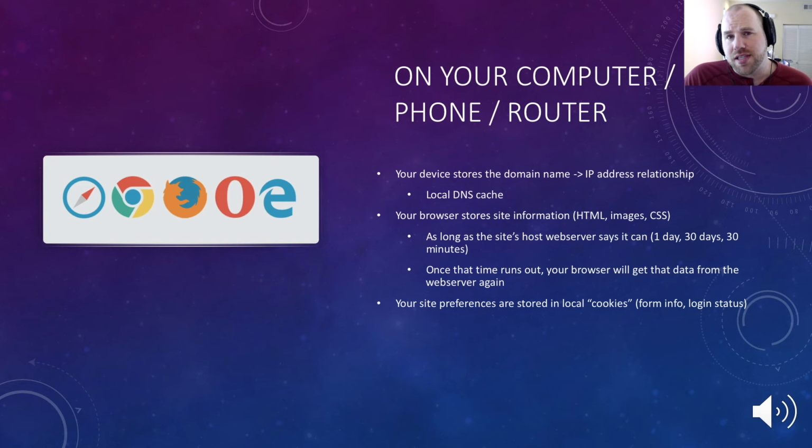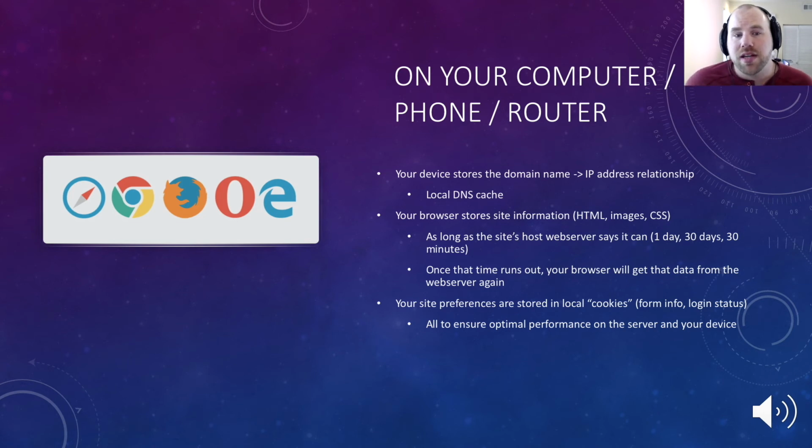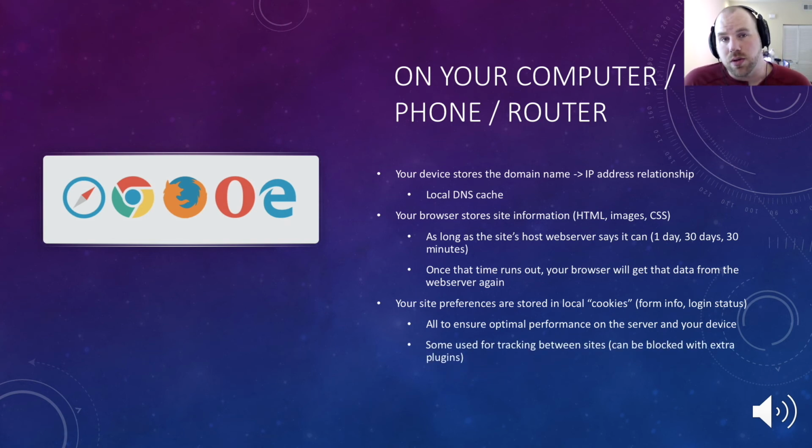Your site preferences like form info and login status are stored in something that's called cookies. And these cookies are used to ensure that you have optimal performance when you're switching between pages on the same website and even between multiple websites at some times, although this can be used to track you as you're going between websites.